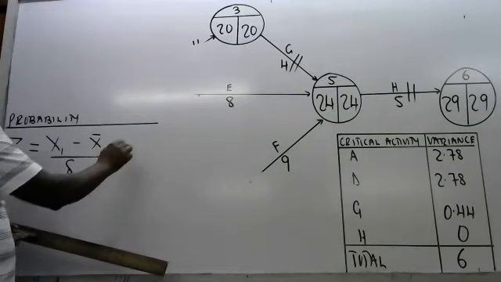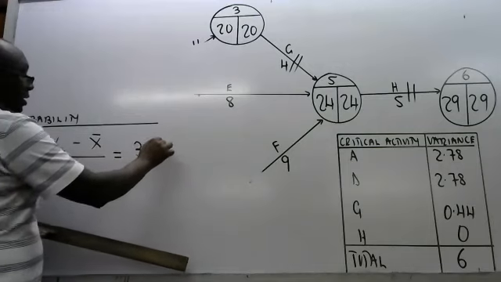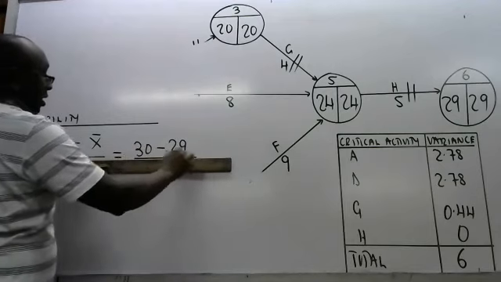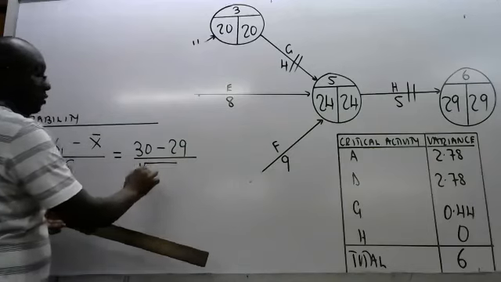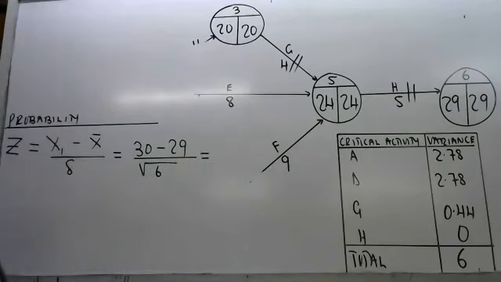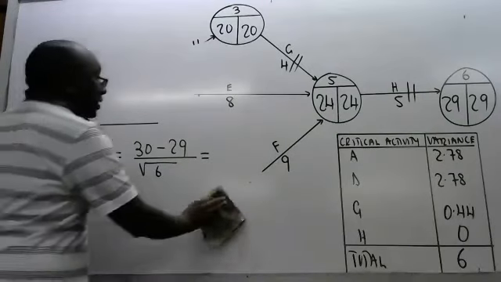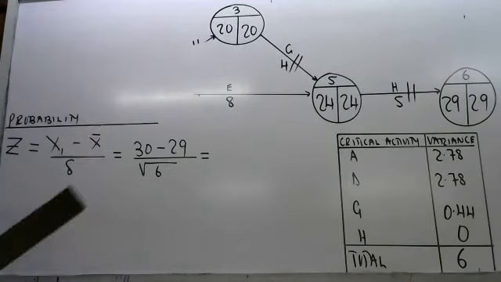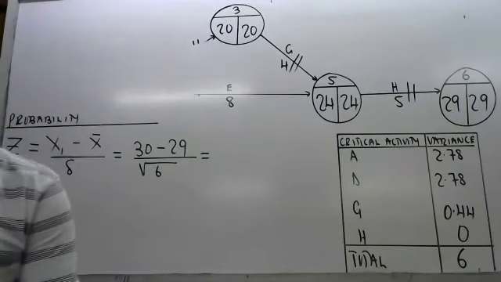So x1 is 30, the x bar 29. This one you divide by the root of 6. So tell me what is the value of Z? We are using normal probability distribution.